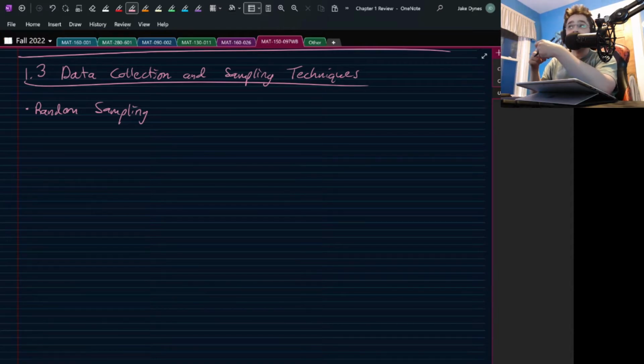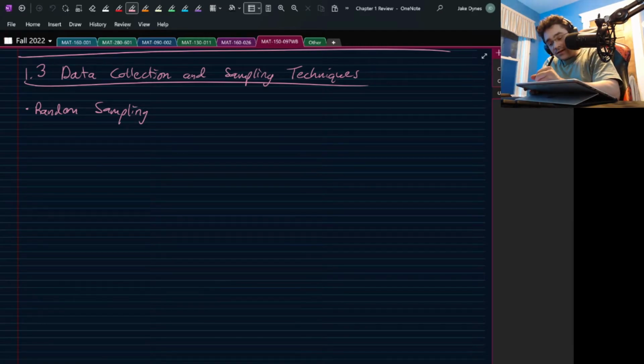Say it's a raffle and everybody gets 1 ticket, only 1 ticket. And then they pick a ticket from the bowl. Everybody has an equal chance, and it's completely random of who is selected, right? Maybe they pick 5 from the bowl. That would be a random sampling, because they all have an equal chance of being selected.